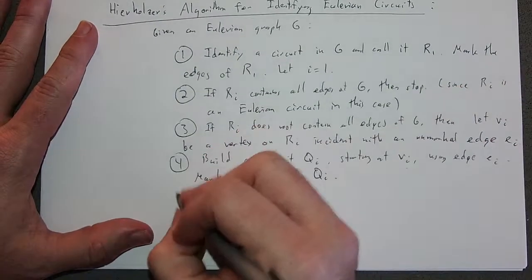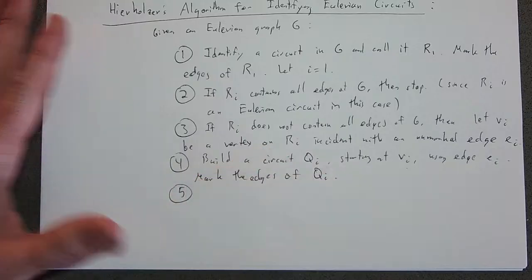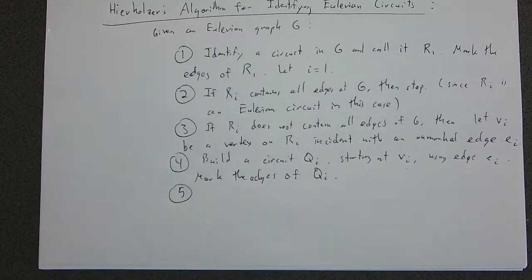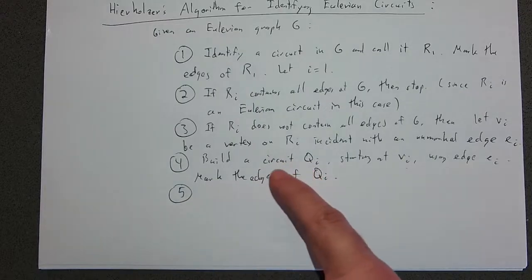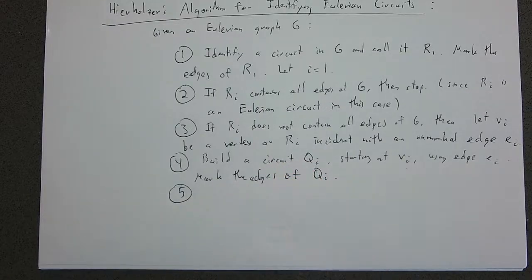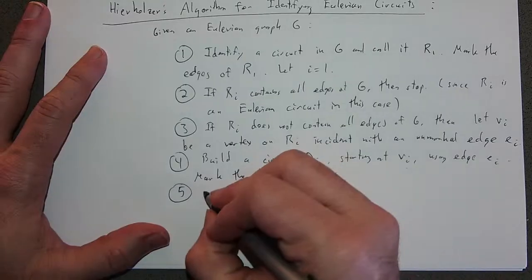Now, I want to create another circuit that I create by patching this circuit Q sub I into R sub I at the vertex indicated.